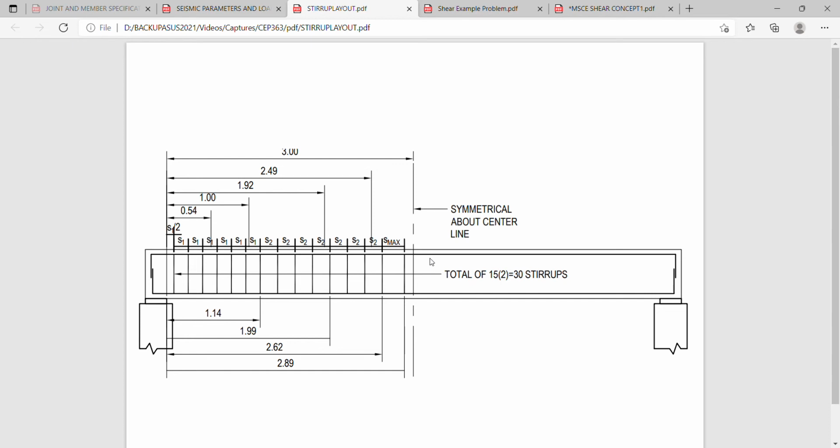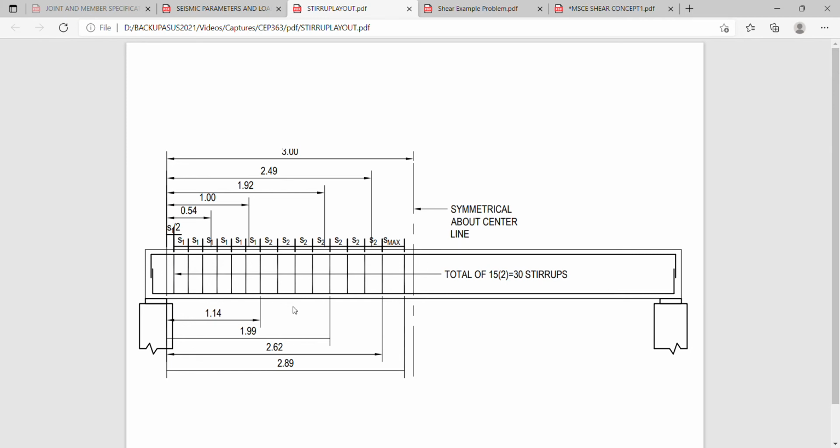Clear naman. Okay, so this is now a layout of the stirrup. If I have a simply supported beam, I think this layout refers to the same problem I have shown you a while ago.